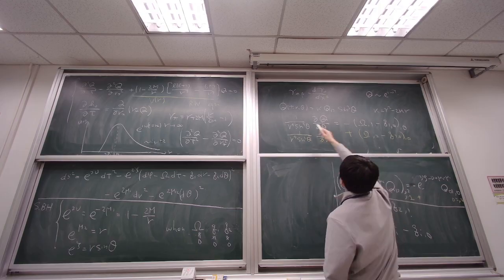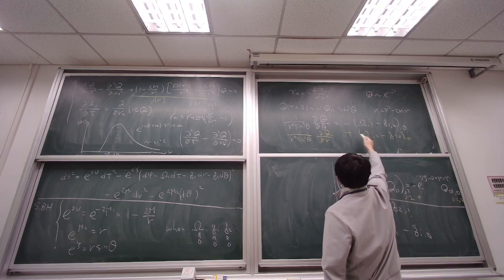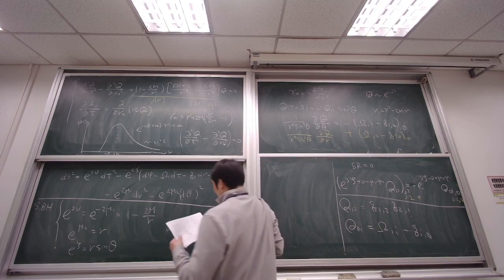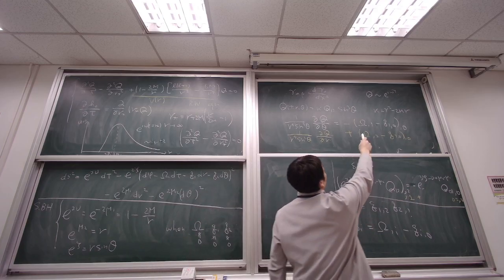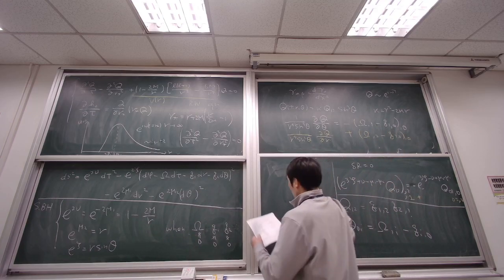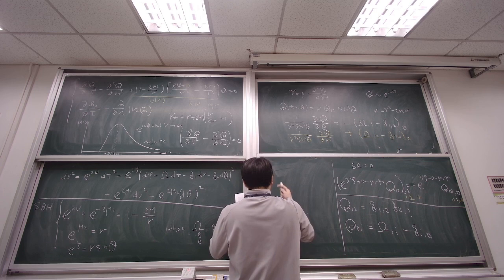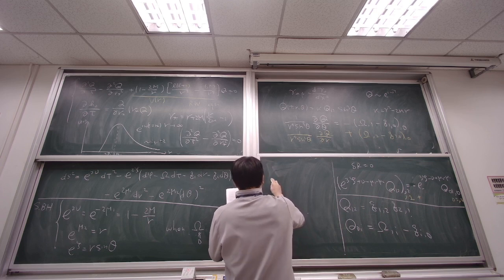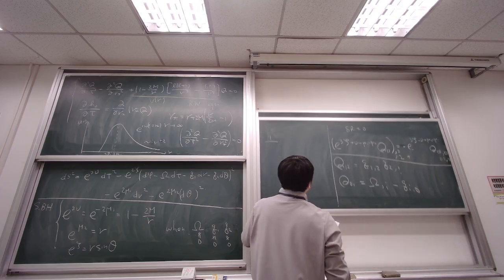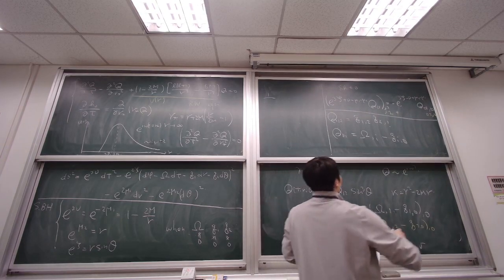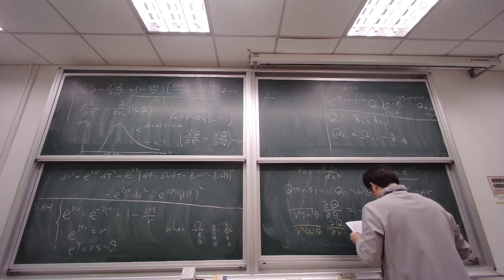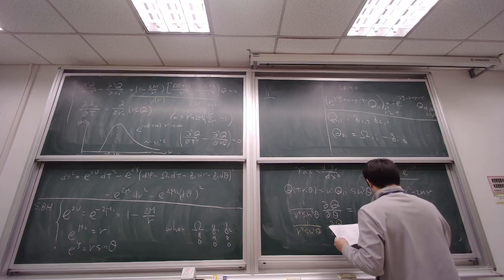And if you just introduce notation, the two equations become like this way. And furthermore, if you just assume q is proportional to e to the i omega t dependent, then this equation becomes like this way. So if you just assume this dependence, it becomes like this way.